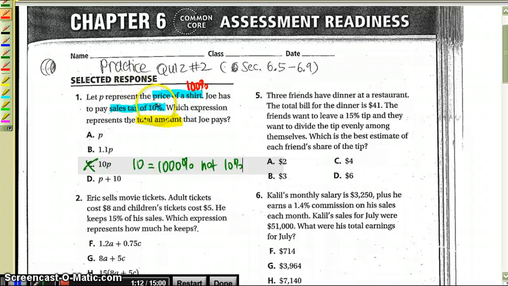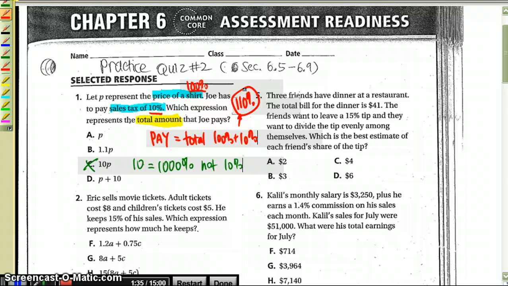And we have to pay this tax of 10%, which means Joe is going to pay a total of 100% plus the 10% tax. So he's going to pay 110% total, which expression now would represent 110% of the price P?